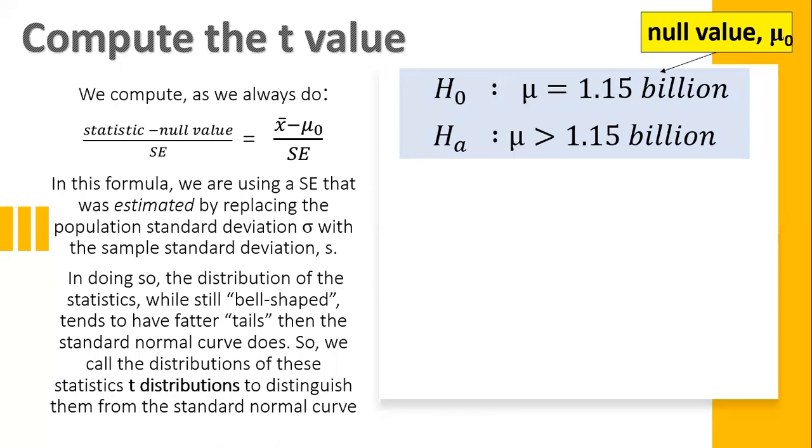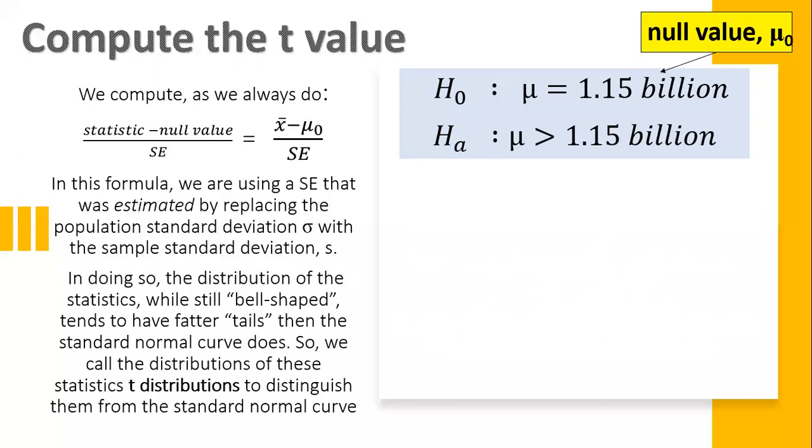It is the average number of neurons in the null hypothesis, which is 1.15 billion. And we'll compute out this quotient here. But we want to take note that we're going to give this quotient a slightly different name than we've given it in the past. In the past, we've referred to this quotient as a z-score.